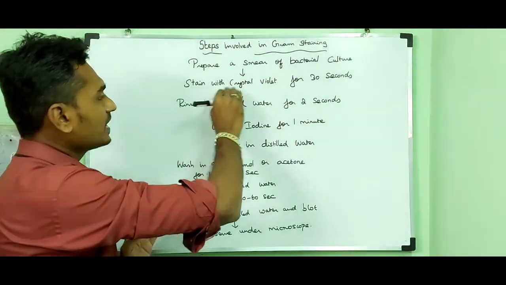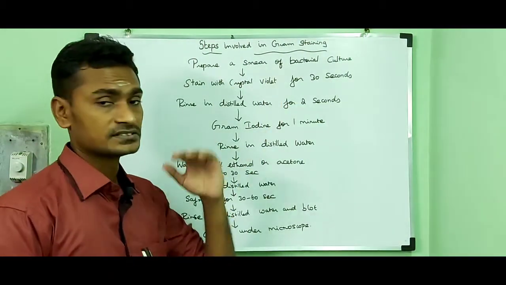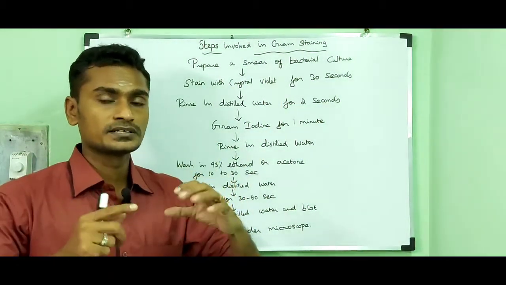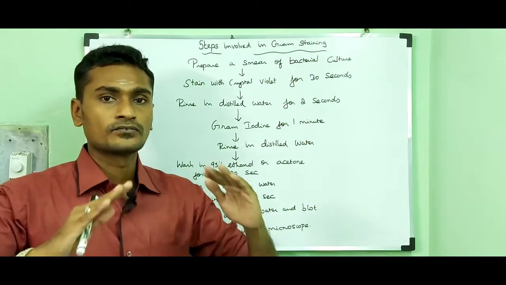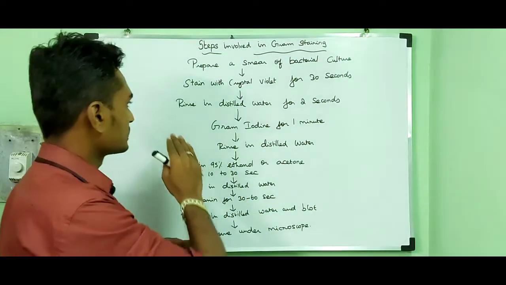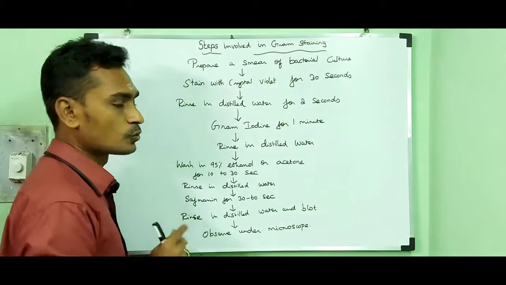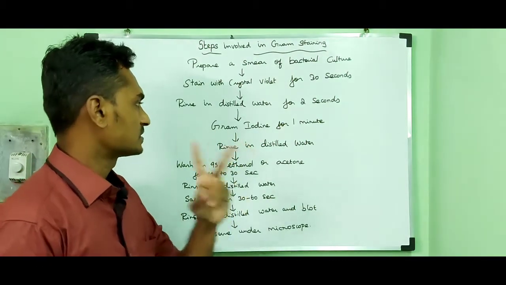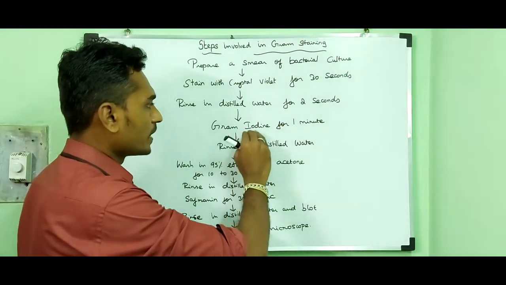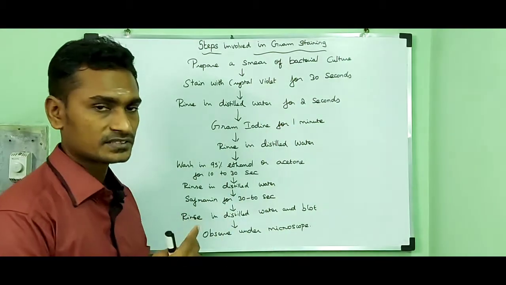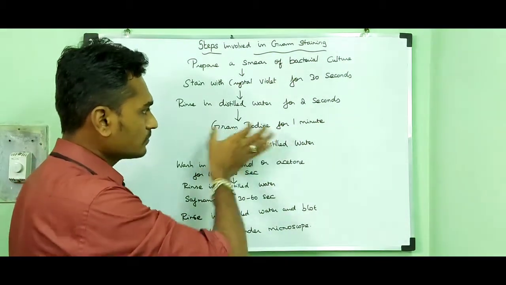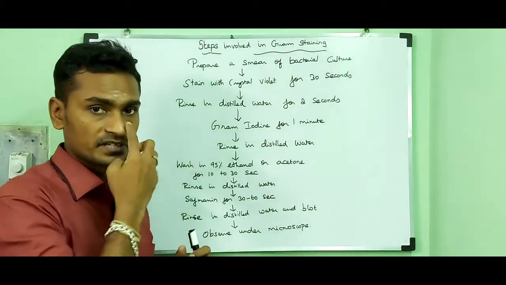Then stain with crystal violet for 30 seconds. Then rinse in distilled water for 2 seconds. Then gram iodine for 1 minute. After that we have to add gram iodine for 1 minute.